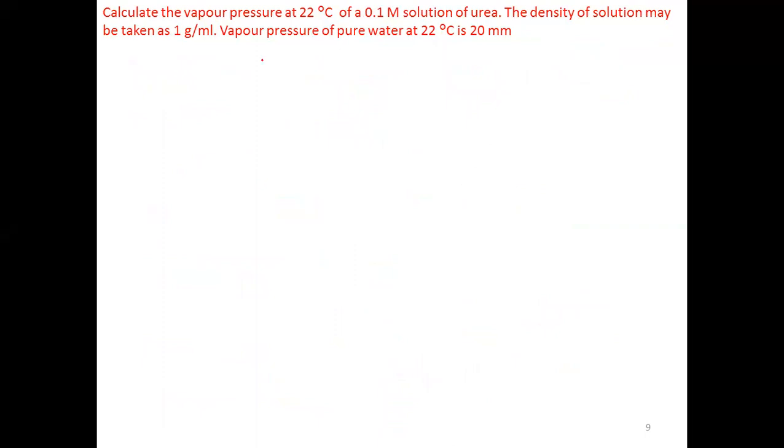Calculate the vapor pressure at 22 degrees Celsius of a 0.1 molar solution of urea. The density of the solution may be taken as 1 gram per ml and the vapor pressure of pure water is 20 mm. We have to calculate the vapor pressure of the 0.1 molar solution of urea. Let us first see what is given.